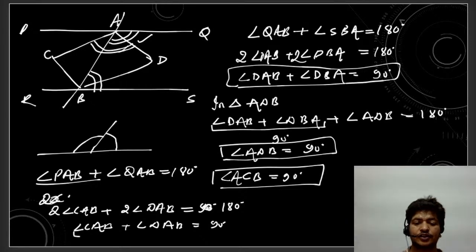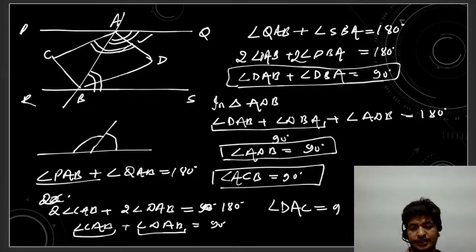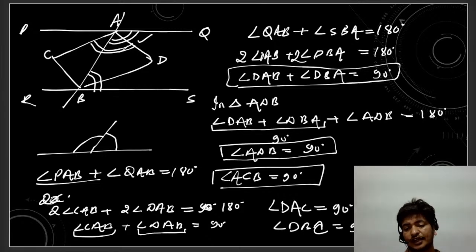अब CAB और DAB तुमको पता है कि if I do the sum of these two angles, you will get the value as DAC. So we can get angle DAC is equal to 90 degrees. Similarly, we can prove that angle DBC is also equal to 90 degrees.